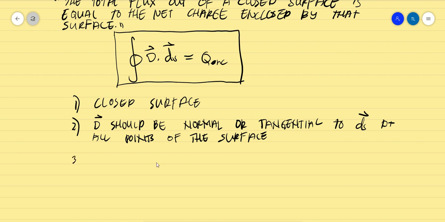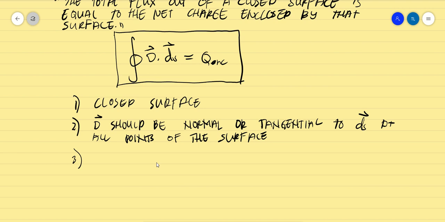And because this is normal or tangential, this is a dot product. If we recall the definition of a dot product, we multiply the magnitude of the vectors, then multiply again with the cosine of the angle between them. So if D is normal with dS, it's perpendicular, then the cosine of 90 degrees will be equal to 0.